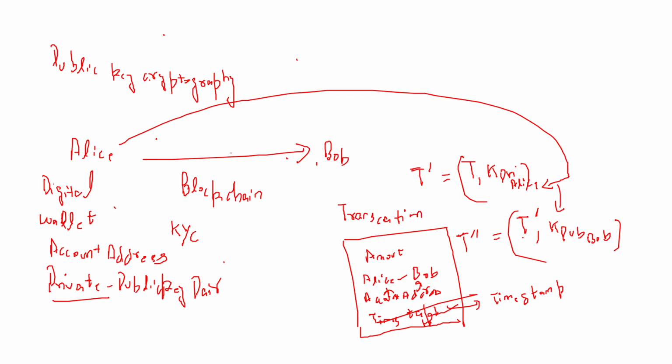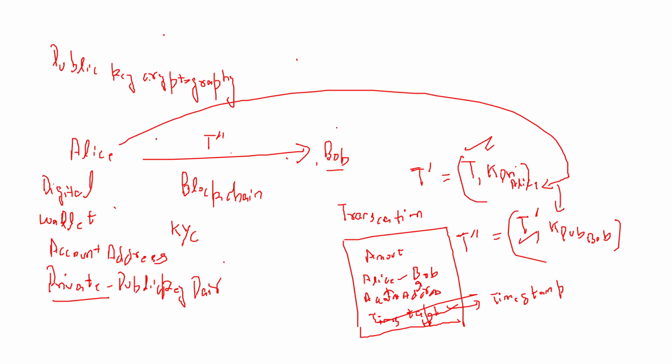Now if one wants to obtain T dash from T double dash, how is it possible? It is possible only by the private key of Bob. So it means only Bob will be able to retrieve back T dash. Alice basically transmits T double dash, and this T double dash is available to everyone, but only Bob will be able to decrypt T double dash to get T dash.